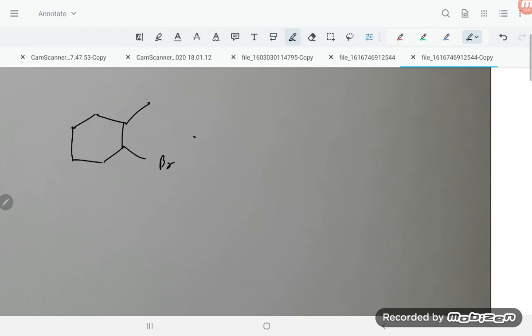Okay, and we are treating with alcoholic KOH, right? So what kind of product are you expecting here, student? Here is hydrogen, here is hydrogen, here is hydrogen. Okay, here are 2 hydrogens, so bromine has to be lost, and the double bond has to be formed.